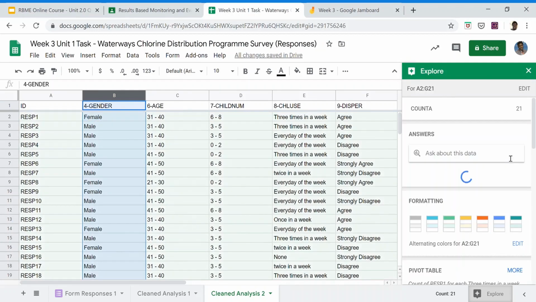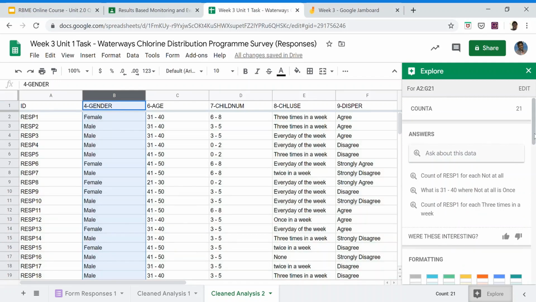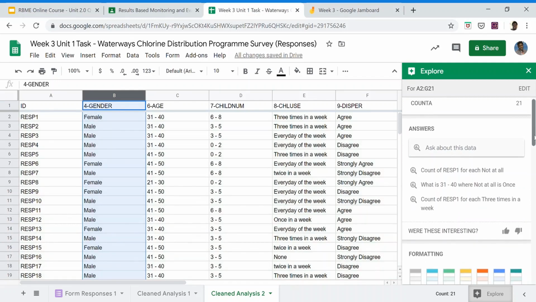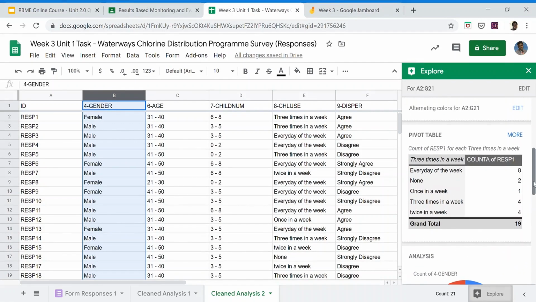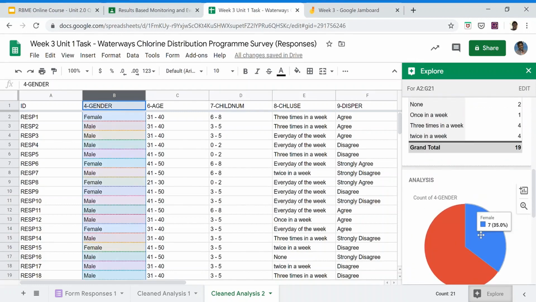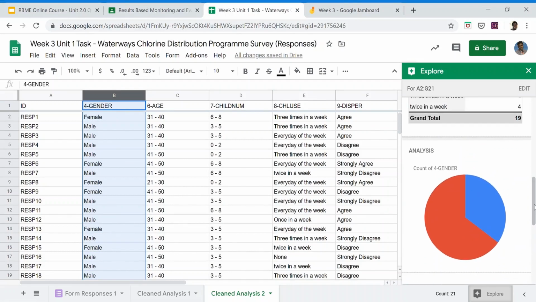Update so that I can get my 20. At times this can actually be messy. So 7 plus 13, you have your gender, male to female, here. Just be careful that your respondent count is actually 20. So 65% of the respondents were male.